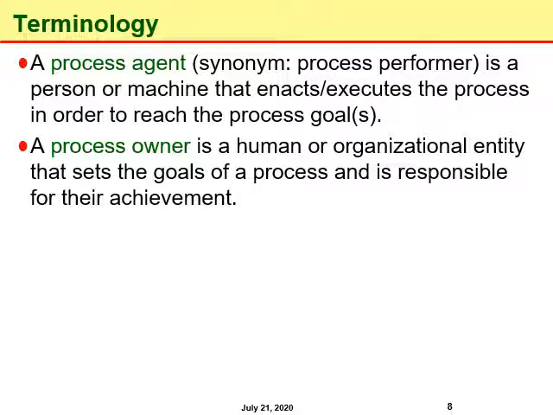A process owner is a human or organizational entity that sets the goals of a process and is responsible for their achievement. A process owner actually provides the resources for the enactment or execution of the process and is mainly responsible for providing the appropriate process definitions.